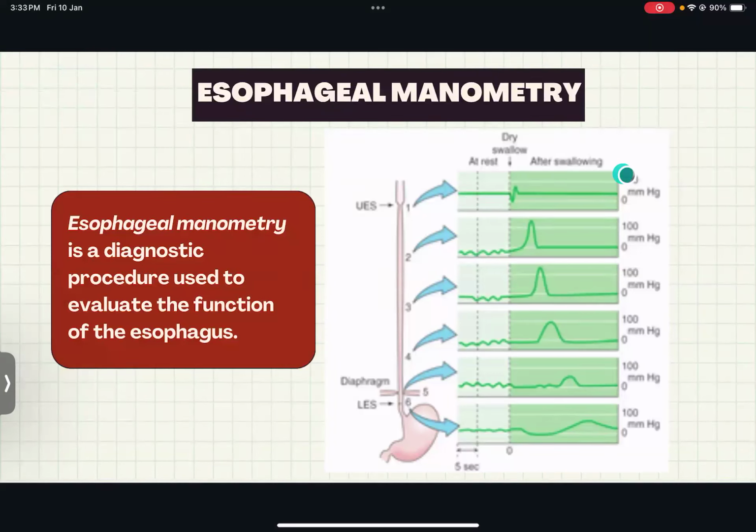So yeah, this is why the secondary peristalsis is important, to make sure that all the bolus is emptied out from the esophagus into the stomach, and this is mediated by the stretch receptors and the enteric nervous system. All right.